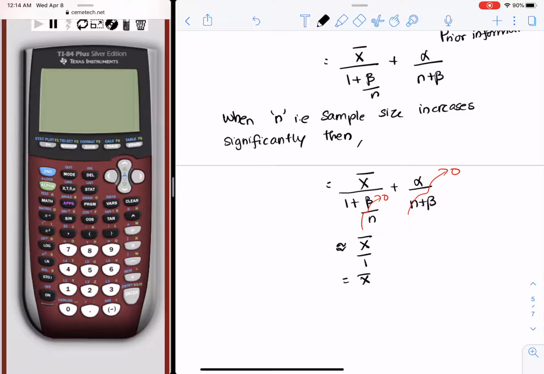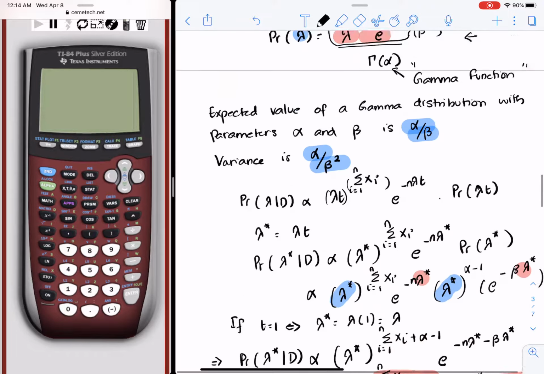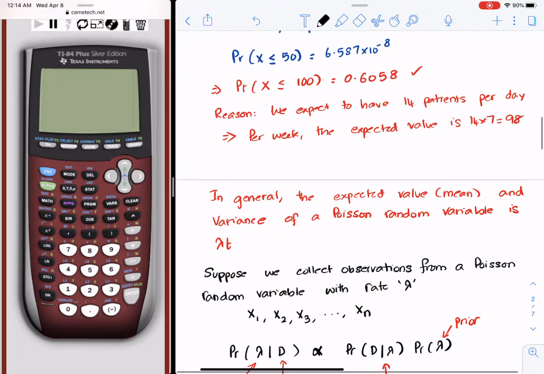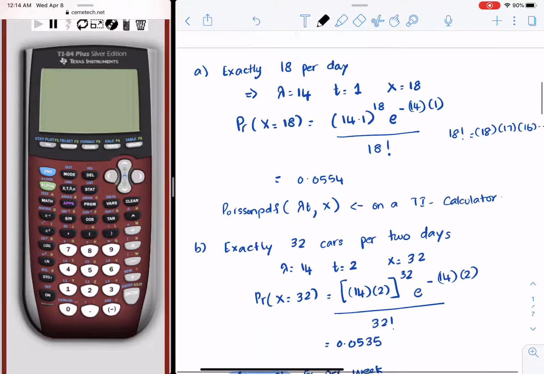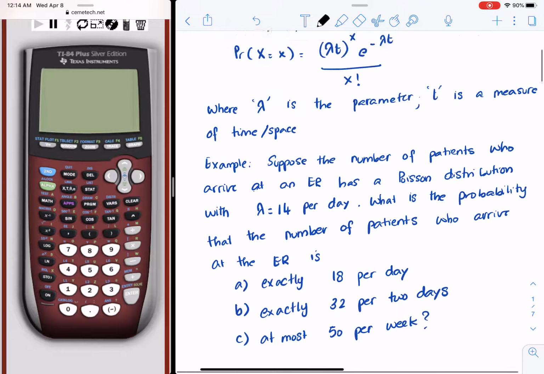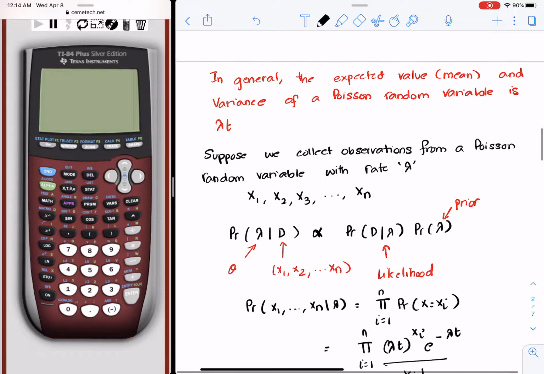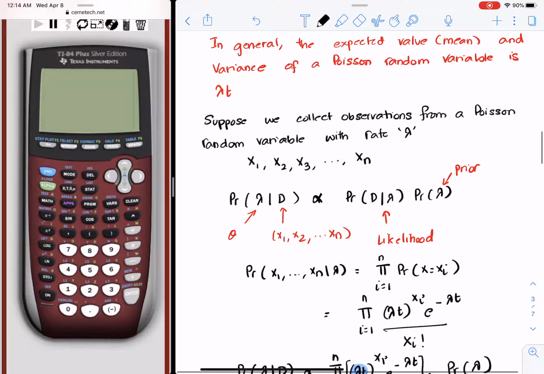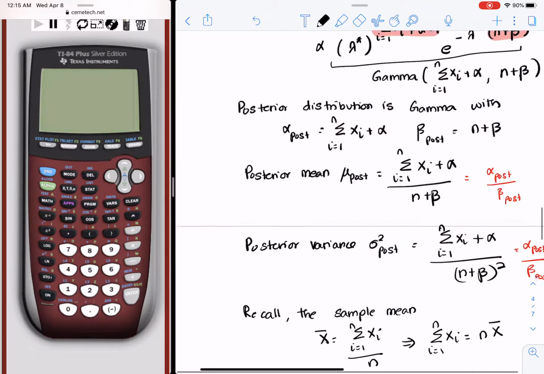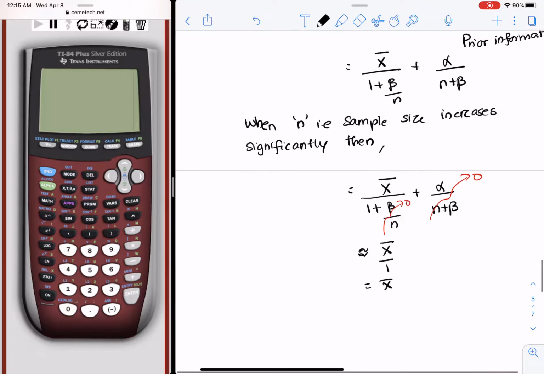So if you recall earlier, when I started Poisson, we had the expectation as lambda t and the variance as lambda t. Right there. In other words, the mean gives us the value of the parameter. That's exactly what we are trying to say.